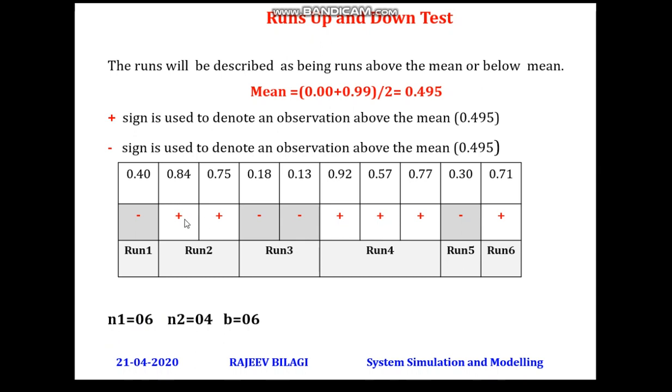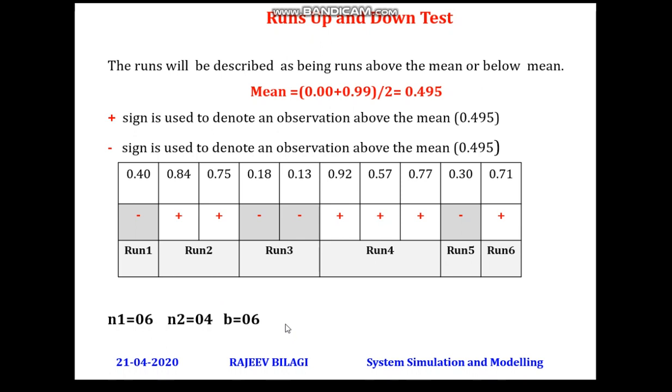So 1, 2, 3, 4, 5 and 6, that is n1 equal to 6. n2 is the number of minus signs, so if you look at minus, minus, minus, minus, this is 4. So there are 4 minus signs. With this, you need to find out n1, n2 and capital B. So this is how we will find out.